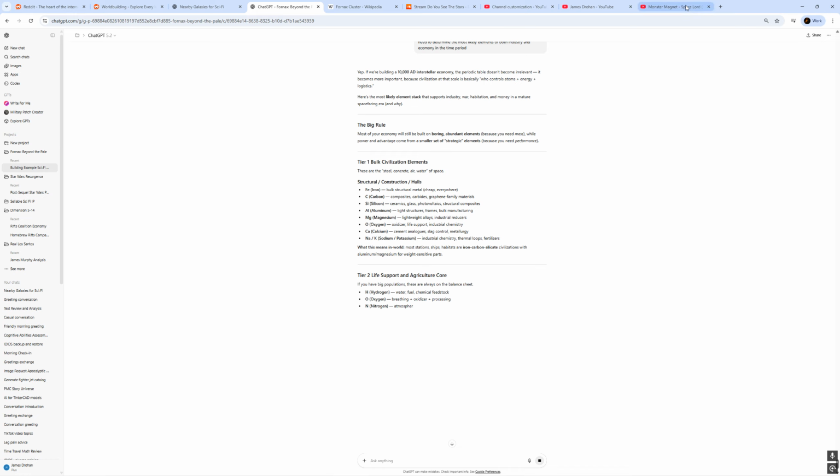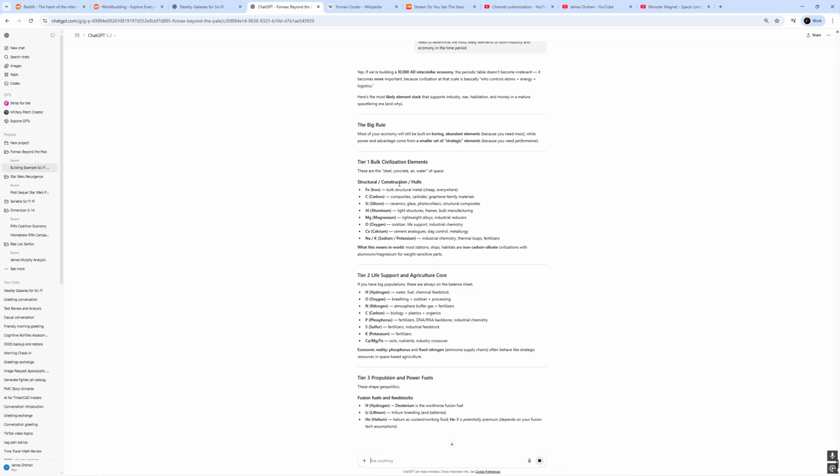The most likely element stack that supports industry, war, habitation, and money in a mature spacefaring era, and why. All right, Tier 1 bulk civilization elements: these are the steel, concrete, air, water, space.